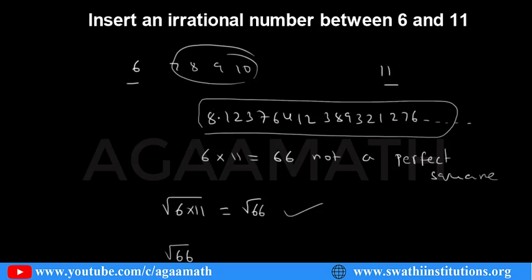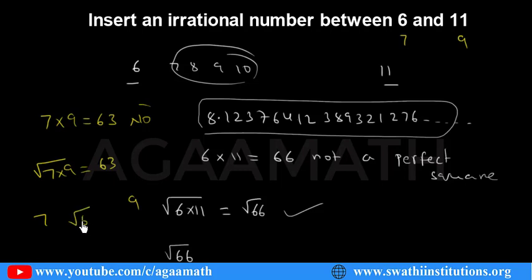For example, insert an irrational number between 7 and 9. First of all I check 7 into 9 is equal to 63. Is it a perfect square number? No, it's not. When it is not a perfect square number, the square root of 7 into 9 is an irrational number which lies between 7 and 9.